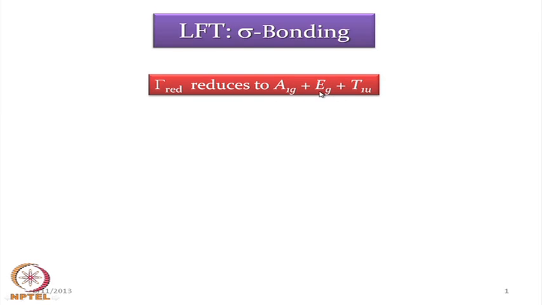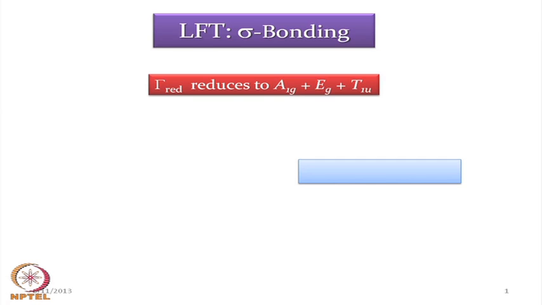Those orbitals will not participate in sigma bonding in ligand field theory. So, only the Eg orbitals, that means the dz square and dx square minus y square orbitals, will be available for some amount of sigma bonding with the ligand symmetry orbitals.